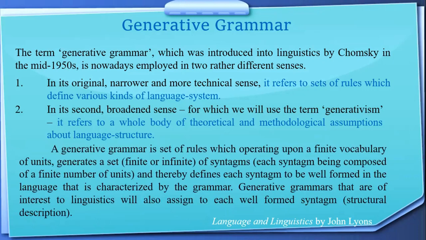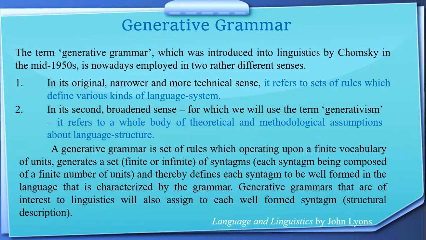A generative grammar is a set of rules which, operating upon a finite vocabulary of units, generates a set, finite or infinite, of syntagms, each syntagm being composed of a finite number of units, and thereby defines each syntagm to be well formed in the language that is characterized by the grammar.